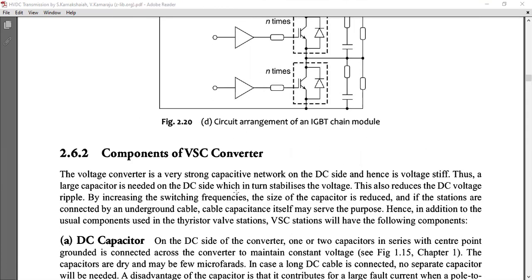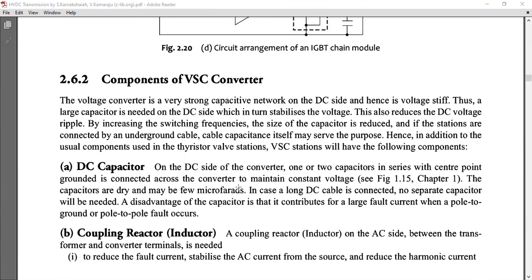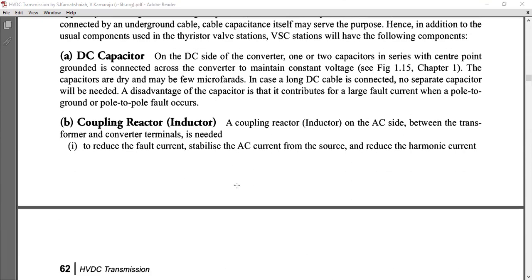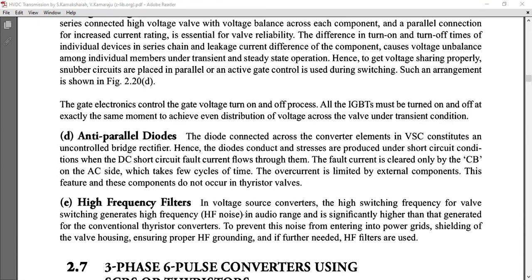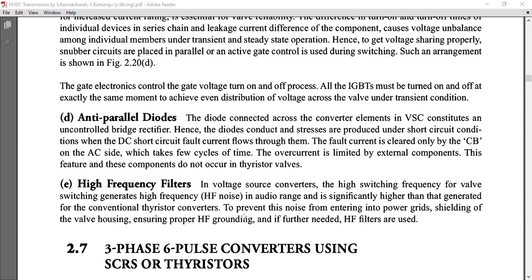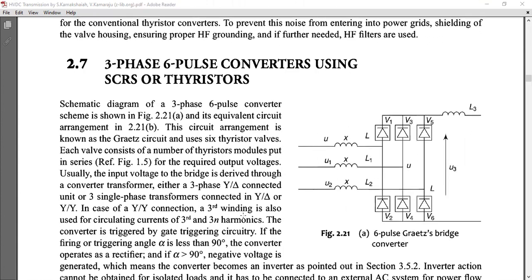Next, 3-phase. These are the components of the VSC converter: DC capacitor, coupling reactor, that means inductor, high voltage valve, anti-parallel diodes, and high frequency filters. On the DC side of the converter, we are using 1 or 2 DC capacitors in series with the center point grounded, connected across the converter to maintain constant voltage.